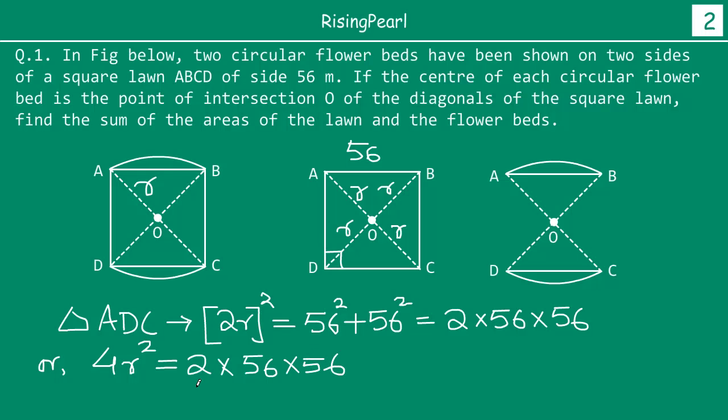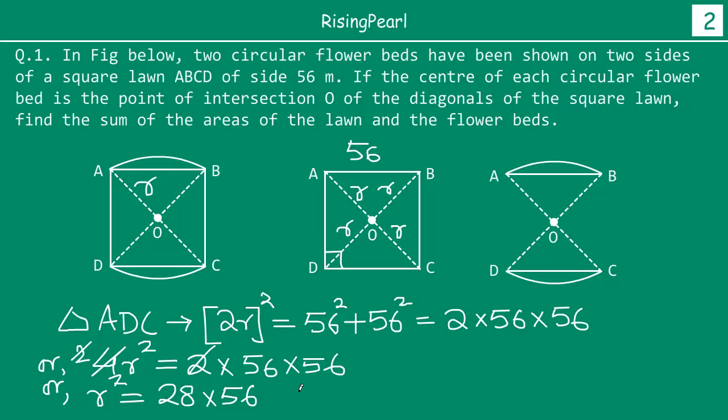From here we can say that r squared, let's cancel out 2, so 2 2's are 4, so we have 2 over here, and we can take this out, 2 28's are 56, so this can be 28 times 56.